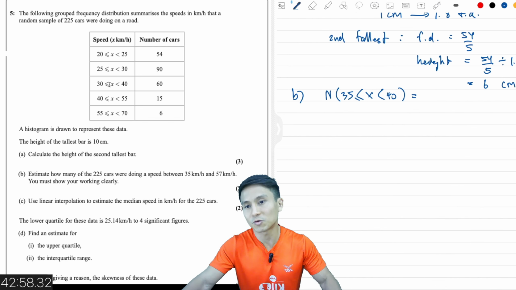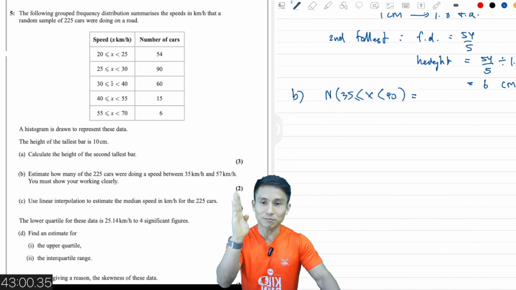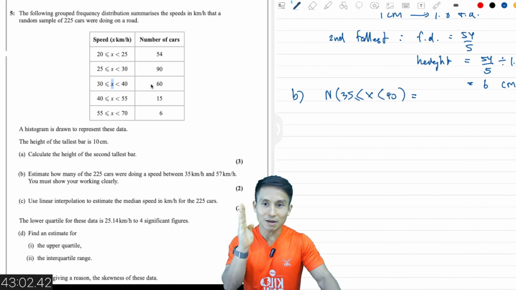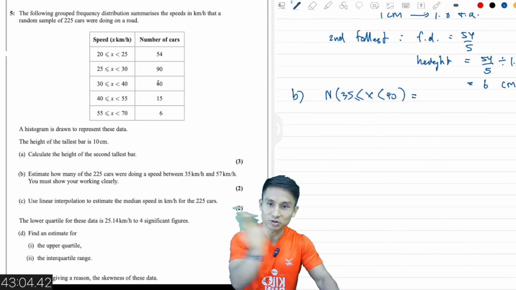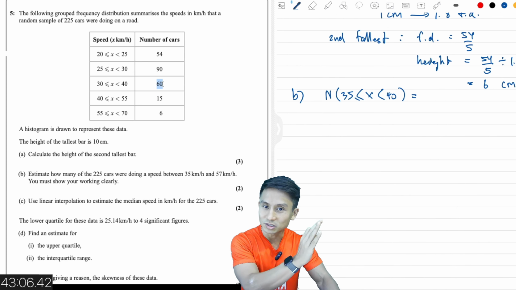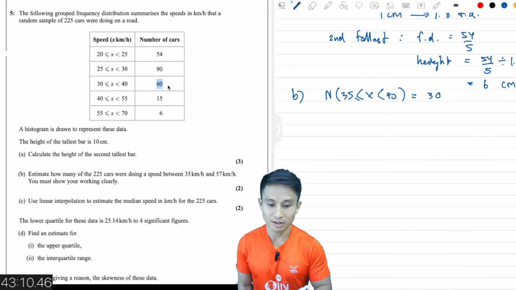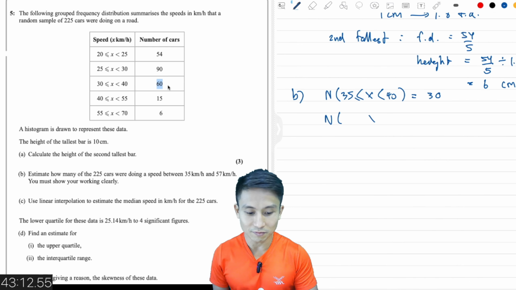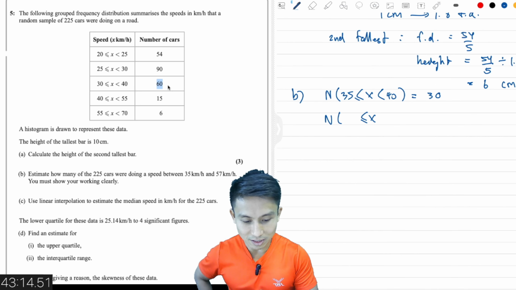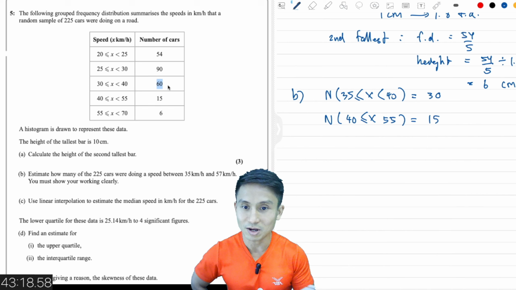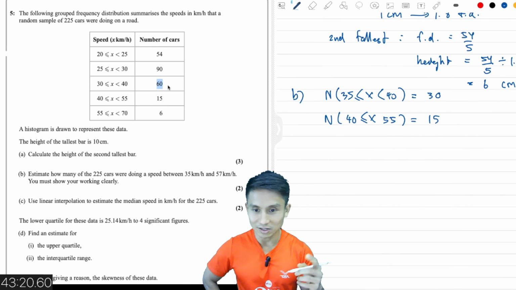So 35 to 40, as you can see, 35 is the midpoint of that class. That means it's going to be half because it's the midpoint to the right tail. It starts from the midpoint. So I'm just going to write 30 here. And then we have n of x from 40 to 55. This is basically just 15, right? Yeah, we're going to take the whole class.